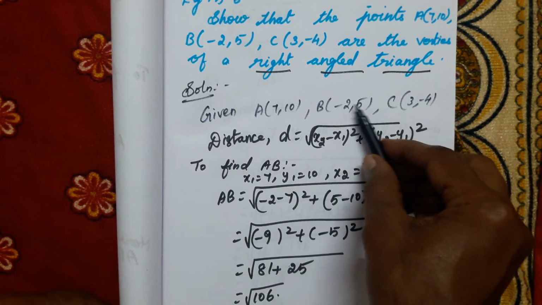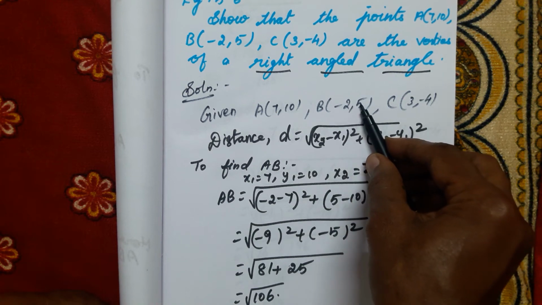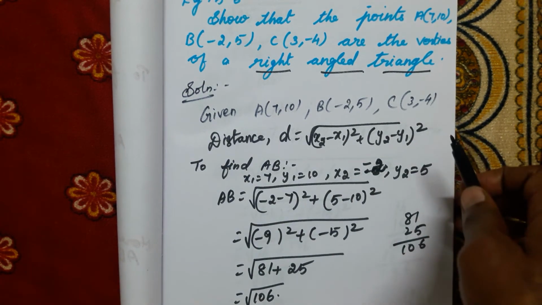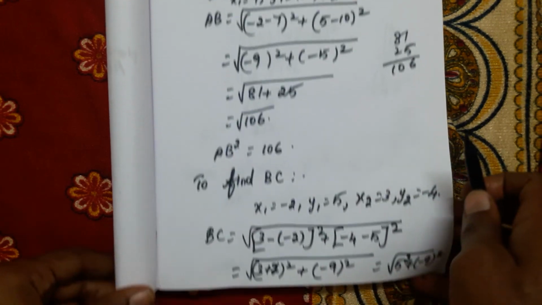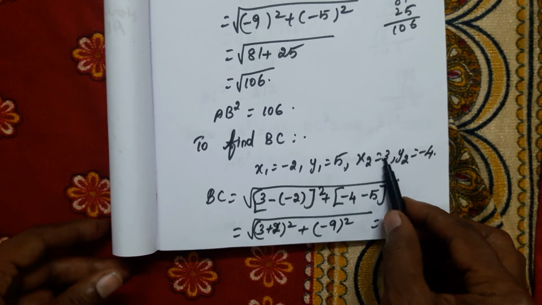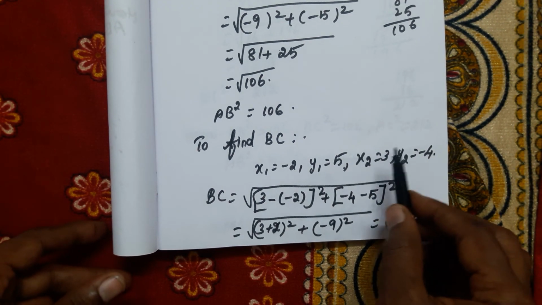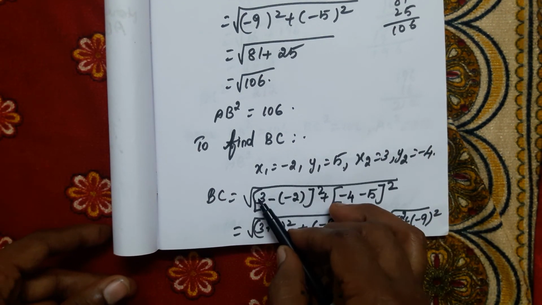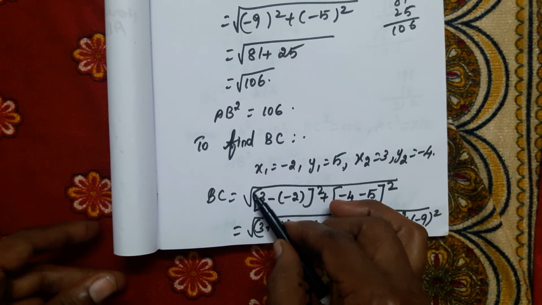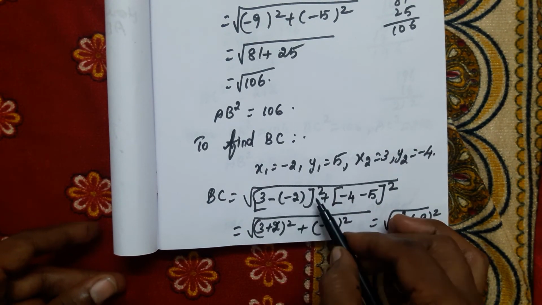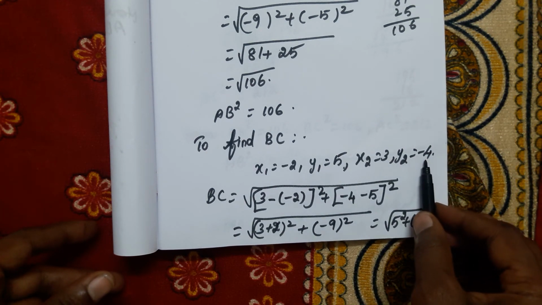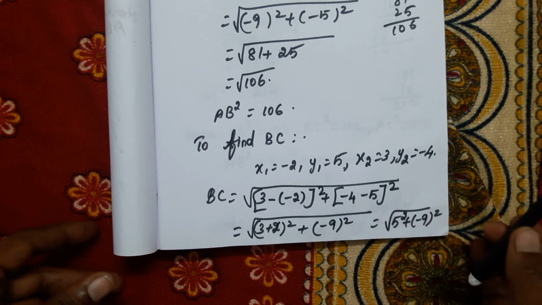Here x1 is equal to minus 2, y1 is equal to 5. x2 is equal to 3, y2 is equal to minus 4. So BC is equal to root of (x2 minus x1) the whole square. 3 minus x1 value, which is minus 2, so 3 minus of minus 2 the whole square, plus (y2 minus y1) the whole square, minus 4 minus 5 the whole square.